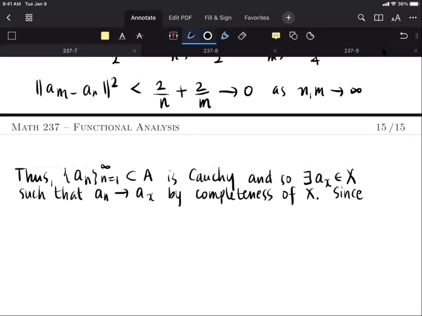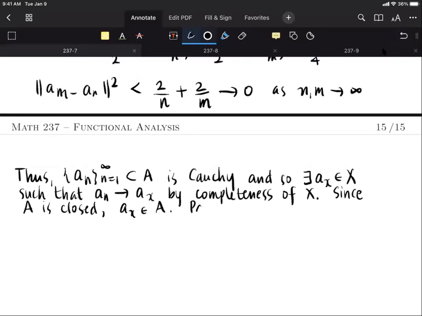However, our assumption is that A is closed. So here we have a sequence in the closed set A, and it is convergent. Ax must also be in A.